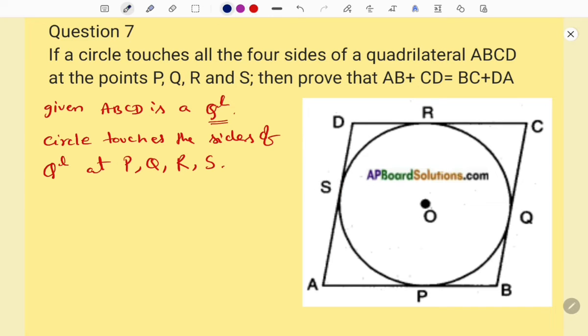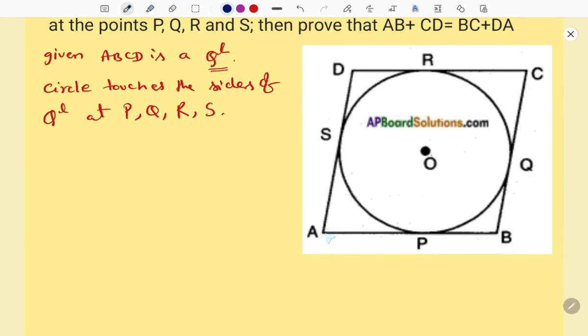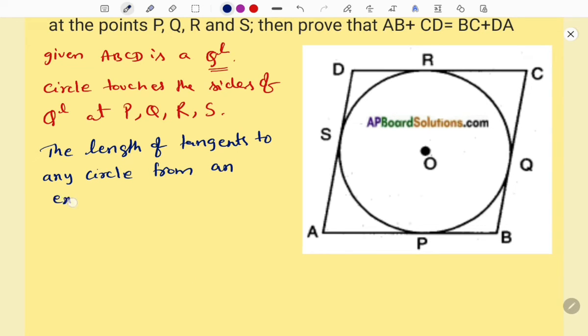Now, in the previous question also we discussed this. Here A is an external point. From an external point, the lengths of the tangents to any circle are equal.